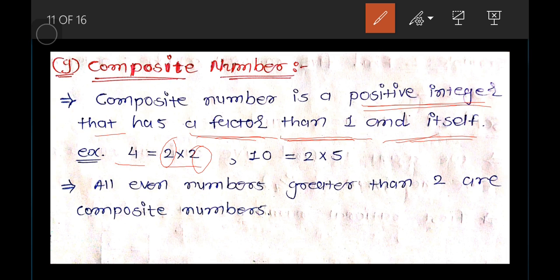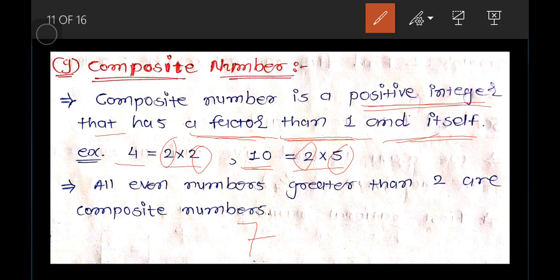What can you say about 10? 10 is also a composite number, because we can factor 10 other than 1 and itself, that is 2 multiplied by 5. So it is composite of two numbers, 2 and 5. So it is a composite number. What can you say about 7? Is this a composite number or not?